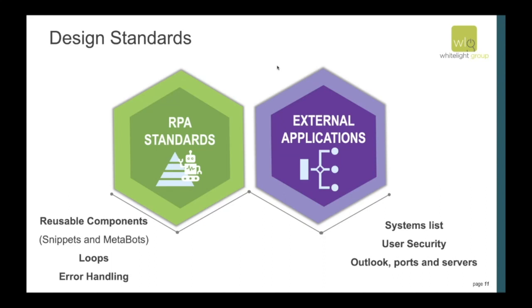This bot is like another employee and treated as such. So if something's completed inside a specific environment or system, and you need to go back and audit it, you'll be able to see, hey, robot number 1 completed this task, not John Doe. So it's really important that you follow some of these design standards as you're building the bot.